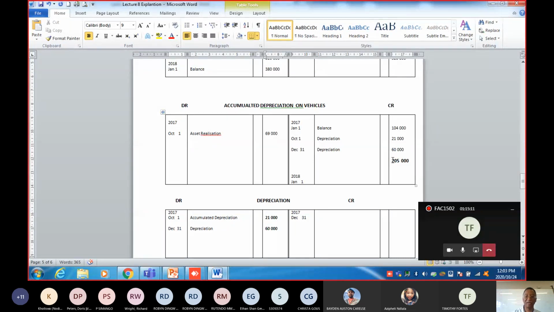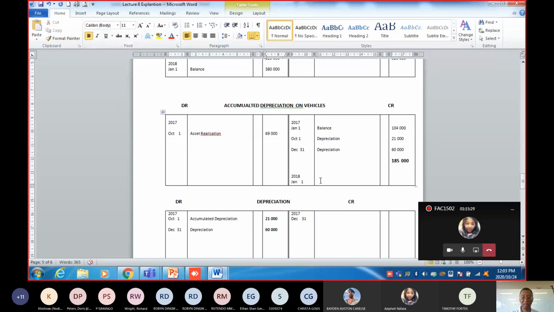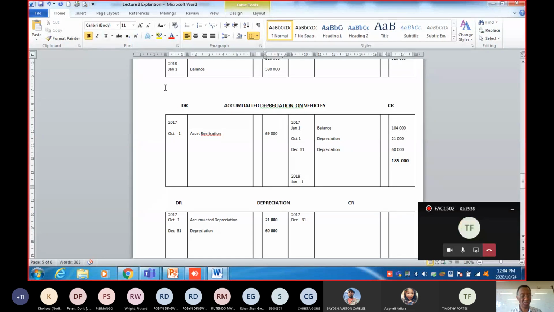And my balance over here is then also 185,000 Rand, resulting in a, if I balance this account now, I will have a balance carry down, and my balance carry down will be the amount of 116.